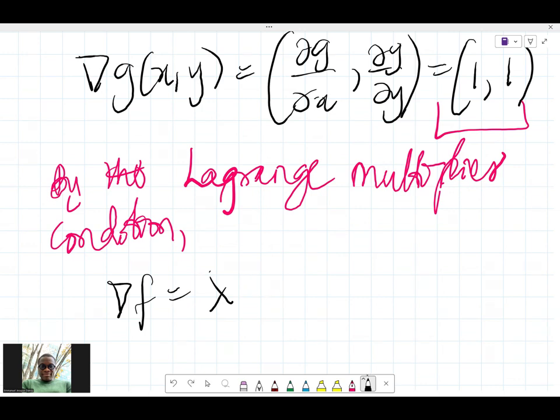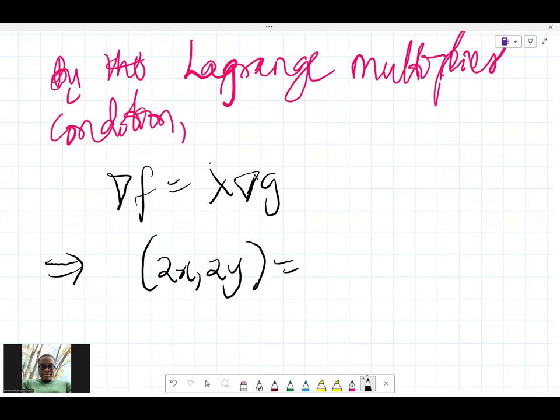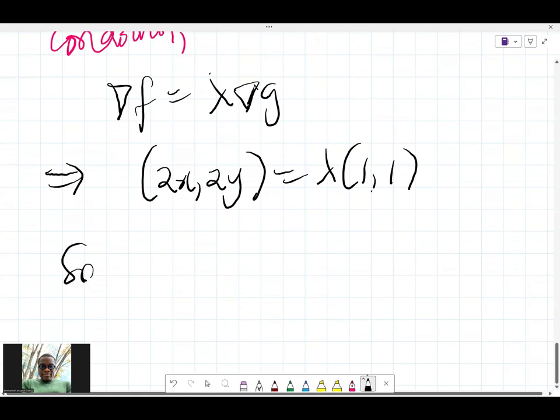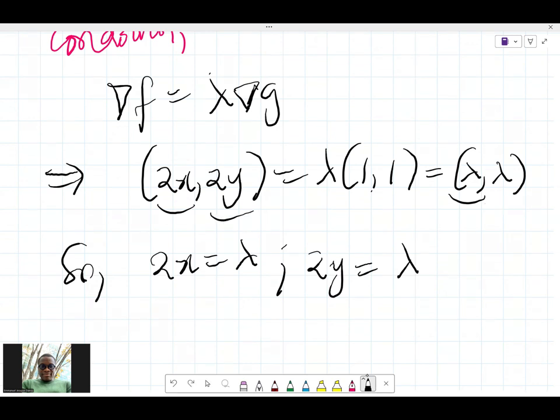This implies that 2x comma 2y is the same as lambda times 1 comma 1, based on what we have got already. So 2x is equal to lambda and 2y is also equal to lambda, because this is simply lambda comma lambda.